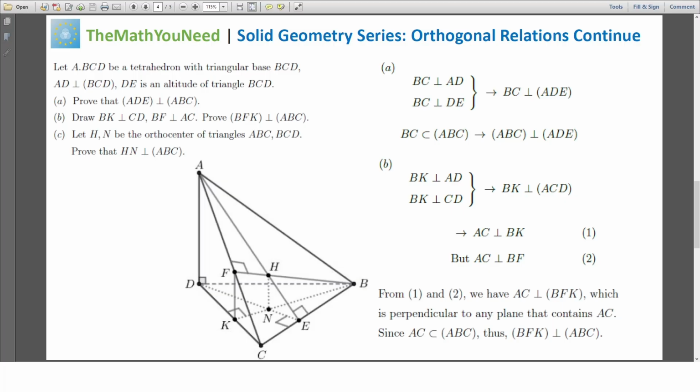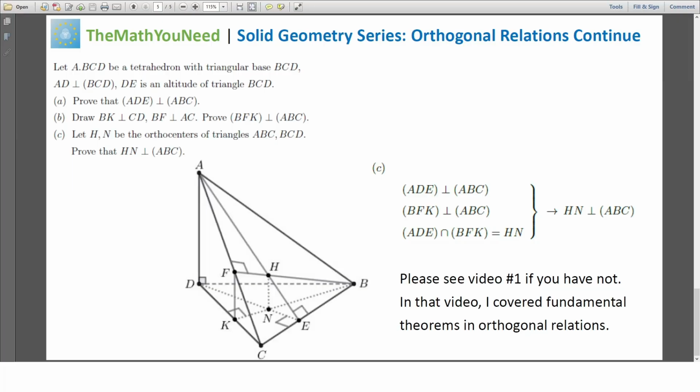From 1 and 2, we have AC is perpendicular to plane BFK, which is perpendicular to any plane that contains AC. Since AC is contained in the plane ABC, thus plane BFK is perpendicular to plane ABC.